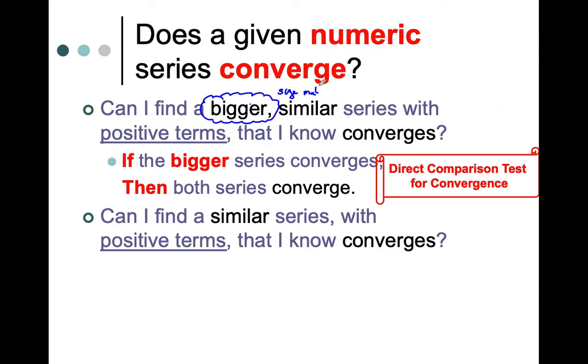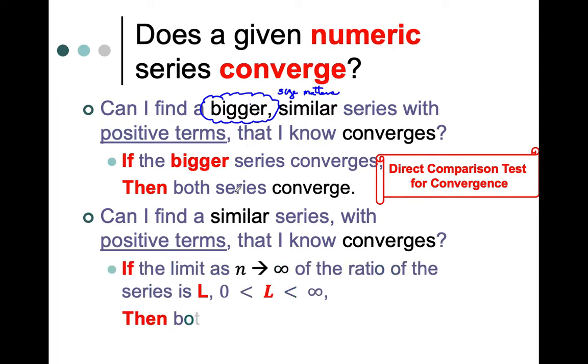If that's challenging or you don't have the right orientation, for instance, I want to show divergence but my function lies under, then you can go to the limit comparison test. I just need to know that they're similar. Notice I don't care about size and which one is above or below the other. They just have to be similar.